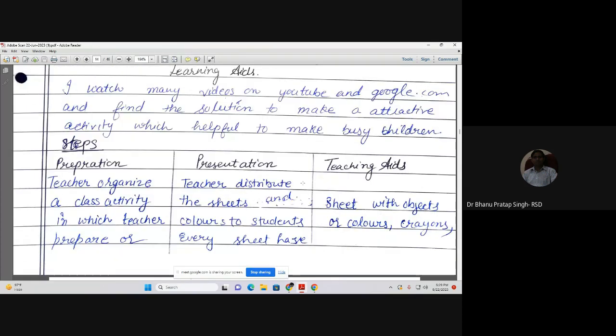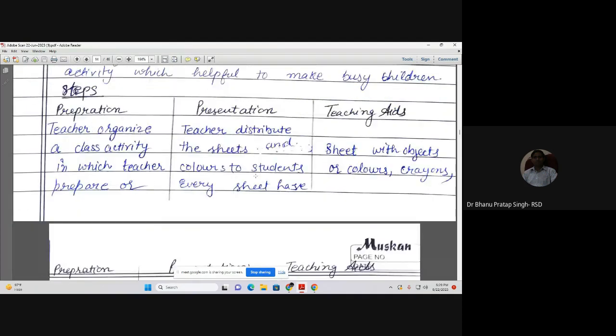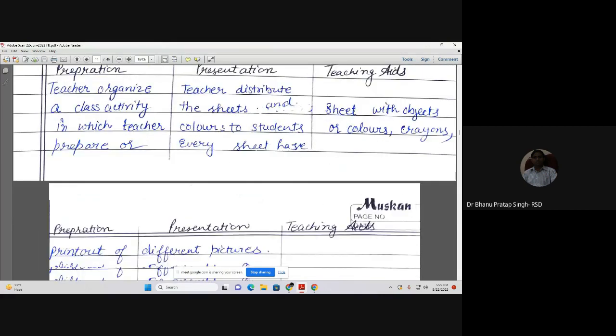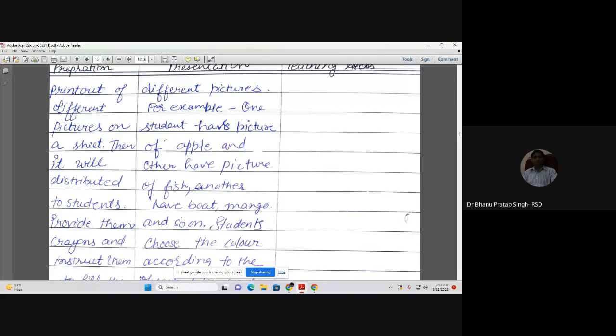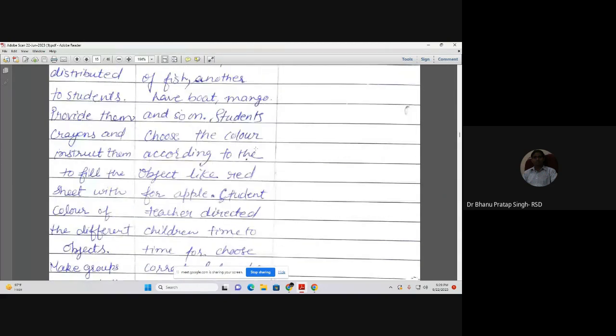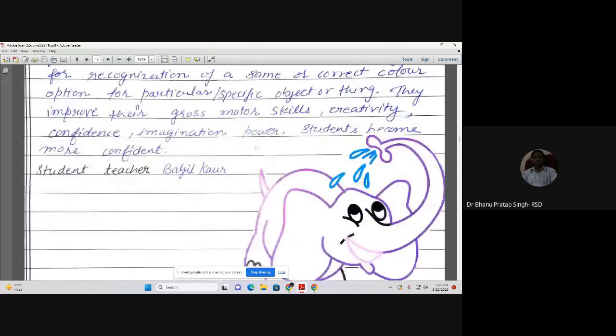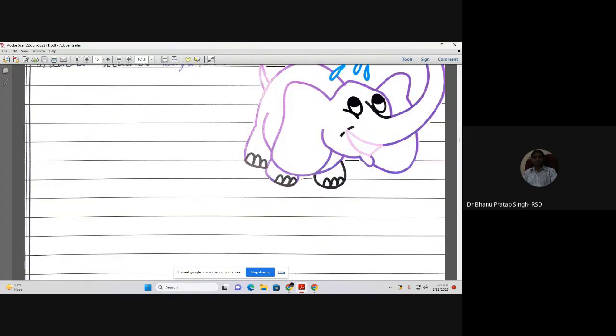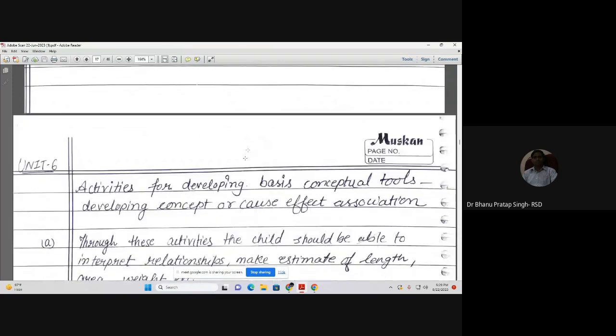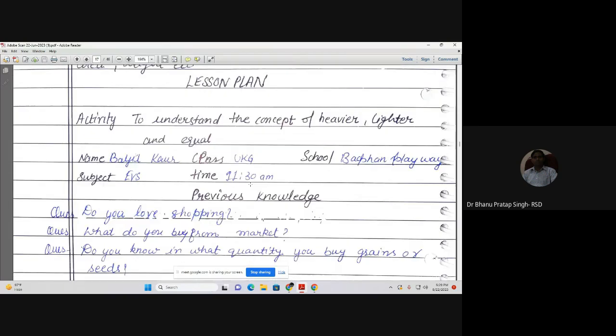Total 8 activities we have to take from Block 4 Part B. This is the format. Unit 6 lesson plan.